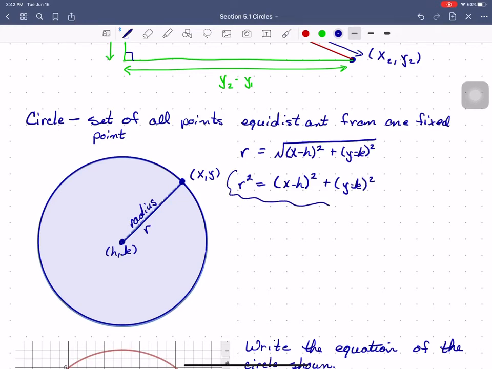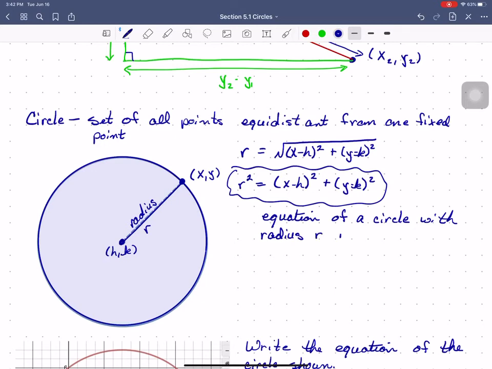And this is the equation of a circle with radius r and center (h, k).